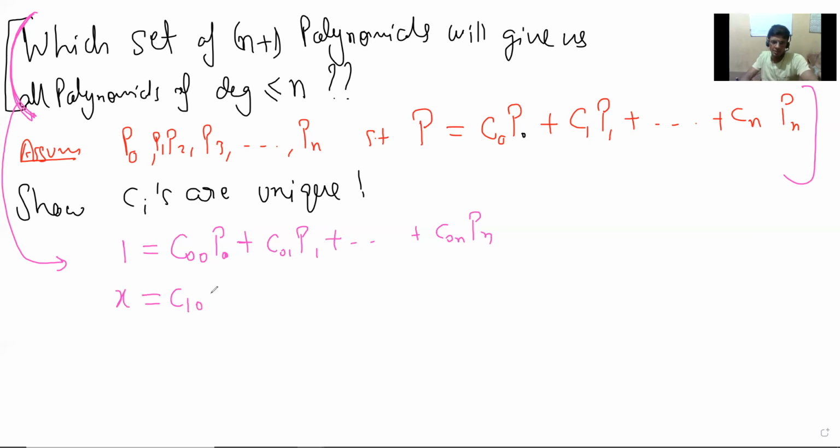And in this way, x to the power n, and this is a must, right? This is an equivalent condition.